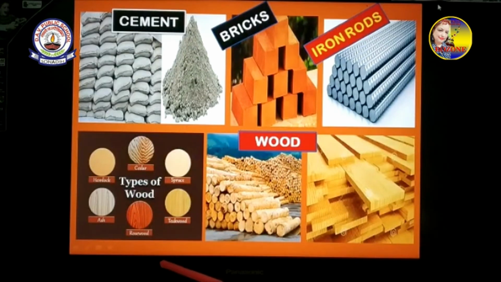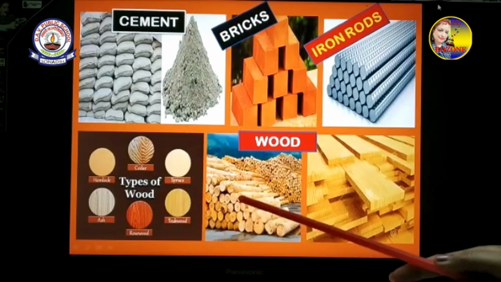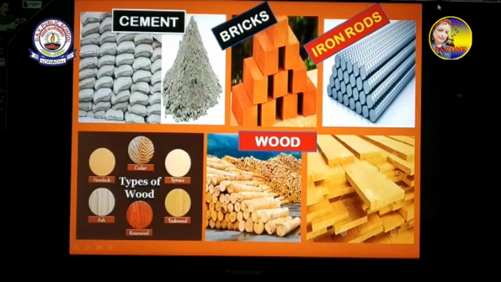Some of the wood we buy is very, very expensive and very nice and durable. They last for long, for many years. So many people use this type of expensive wood also. You get cheap woods also and expensive wood also.